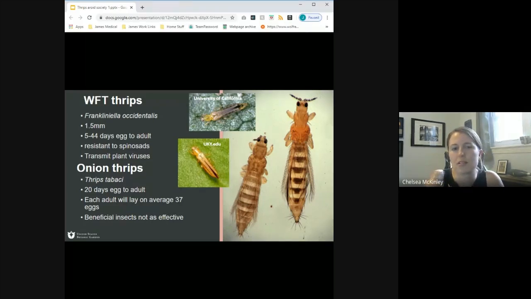Western flower thrips look very similar to onion thrips, which is why I have them on the same slide. So this thrips right here on the right is a Western flower thrips, and this one here on the left is an onion thrips. Onion thrips are a little bit smaller, and they're also a little more uniform in their coloration.